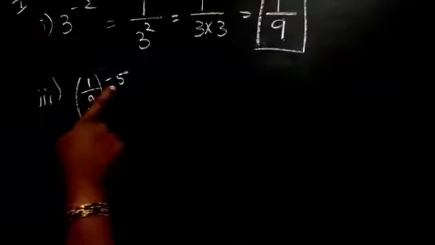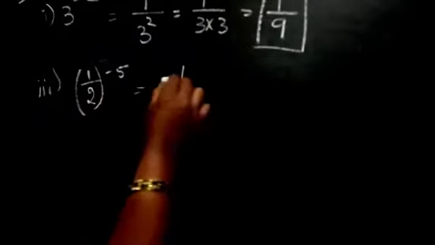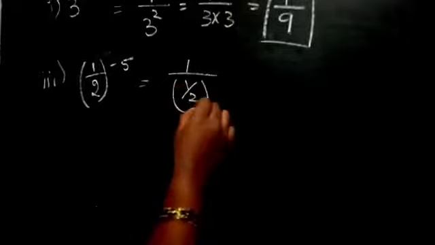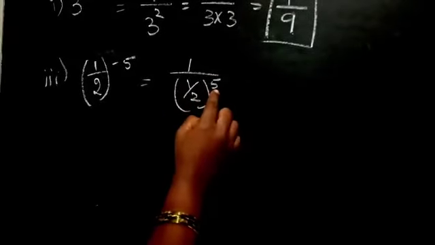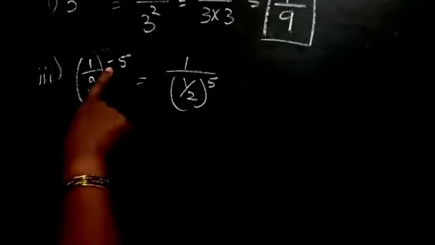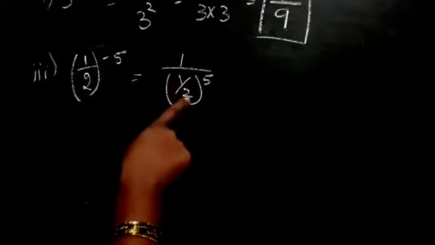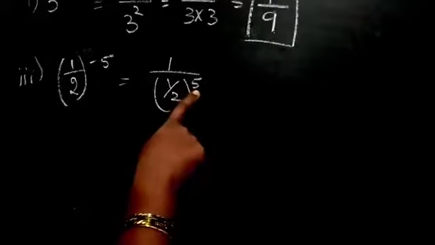Do the second question in the same way as your homework. Third, the power of minus 5. So we can now write 1 divided by (1 by 2) to the power of positive 5, because it is minus 5. When we write it in the denominator, it becomes plus 5.